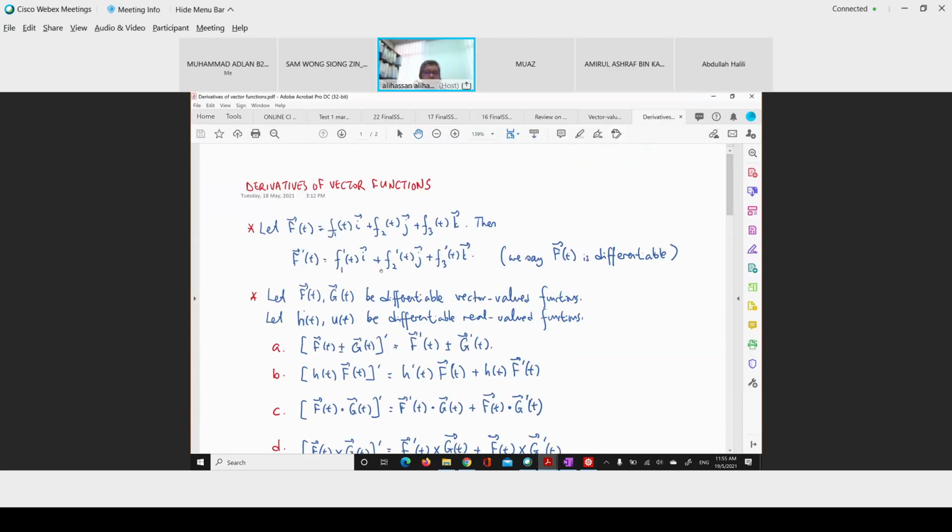Okay, we have this. Now we look at derivatives of vector functions. I've already explained to you, given a vector function f, to find its derivative, we differentiate the components of the vector function.